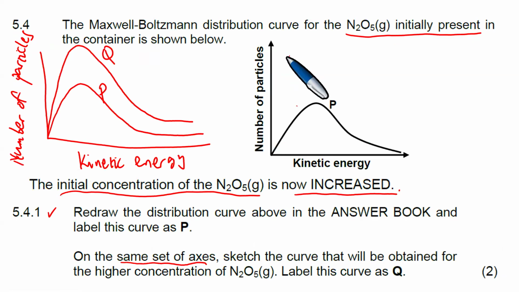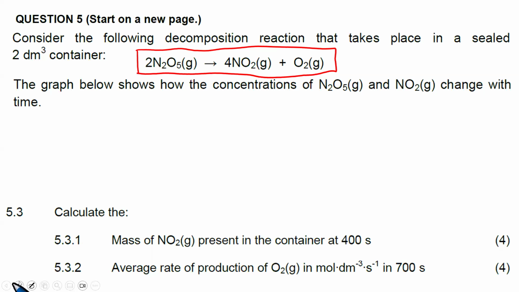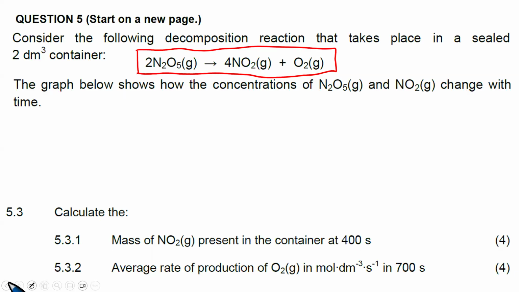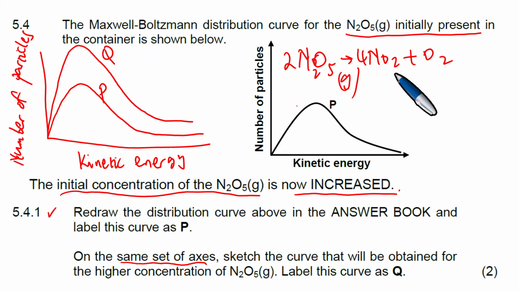So you can write it here: 2 N2O5 gives 4 NO2 plus oxygen. Okay, this is the equation, and these substances here are in gaseous state.